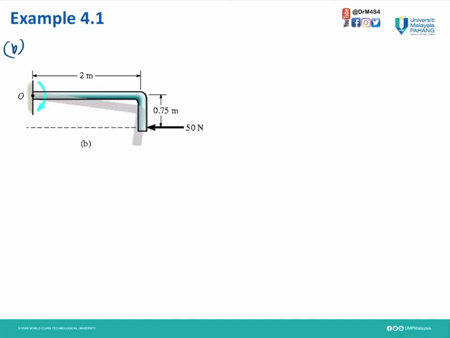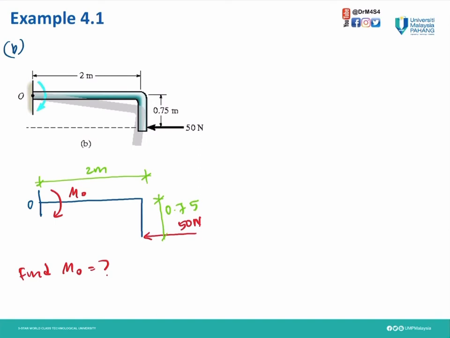For the second one, you have to know which one is the perpendicular distance due to this force. The perpendicular distance is 0.75 meter to point O. Once again, be careful. This one is the perpendicular distance for this case, not 2 meter. Our initial assumption is positive clockwise.